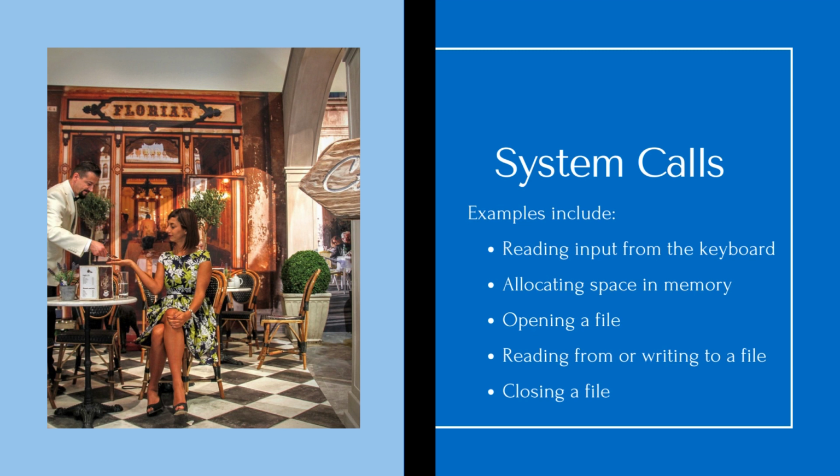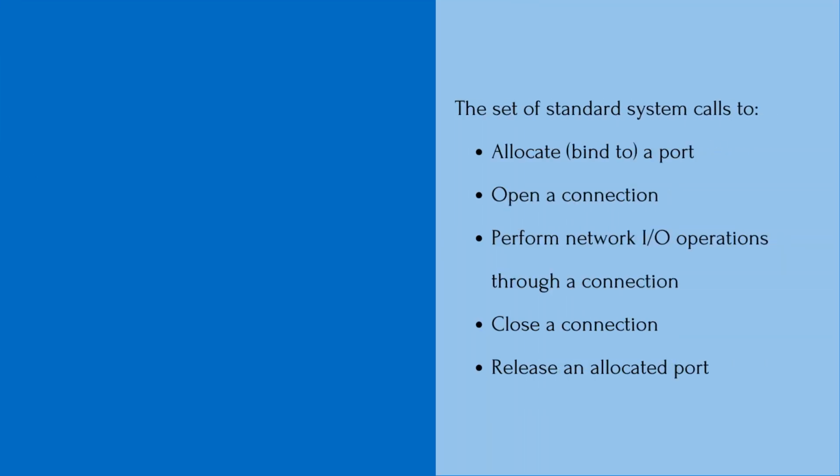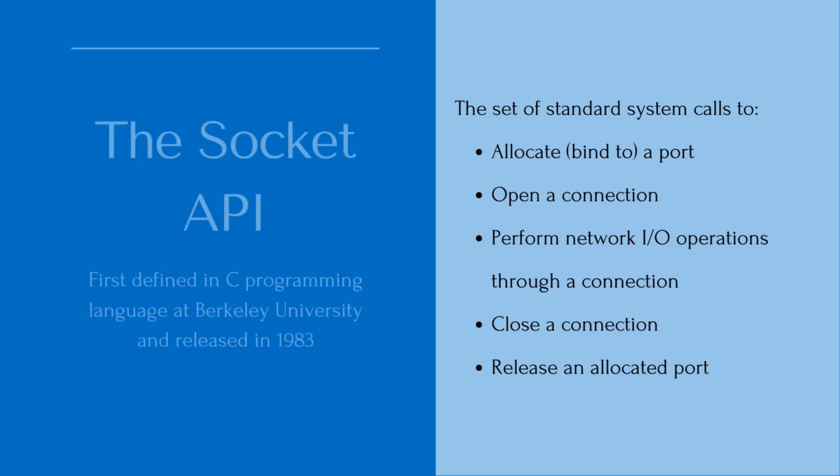Examples of system calls include reading input from the keyboard, allocating space in memory, opening a file, reading from or writing to a file, closing a file. In particular, the set of system calls to allocate a port, open a connection to a remote process, perform network I/O operations through a connection, close a connection, release an allocated port, are grouped under a standard API called the Socket API.